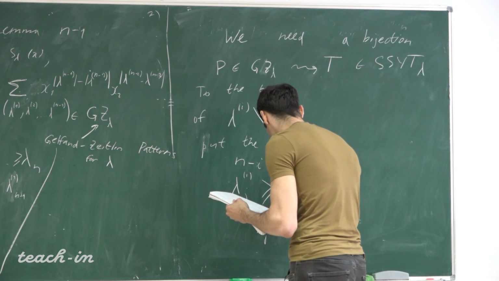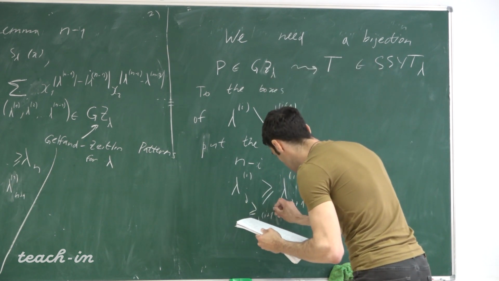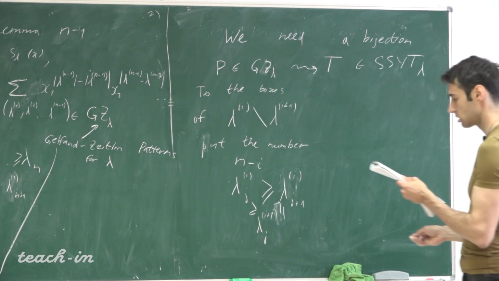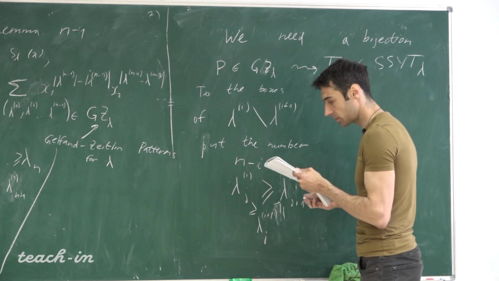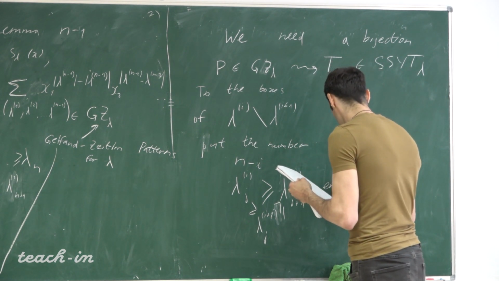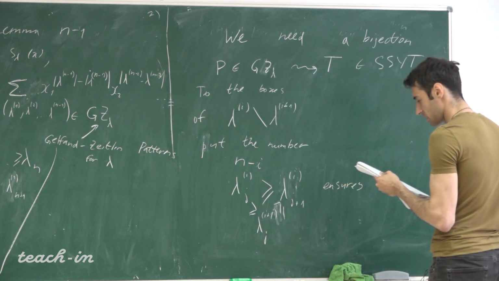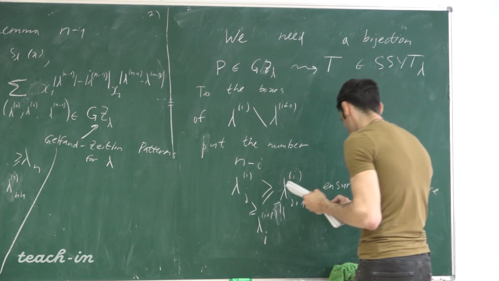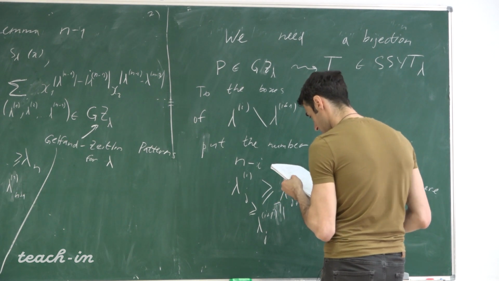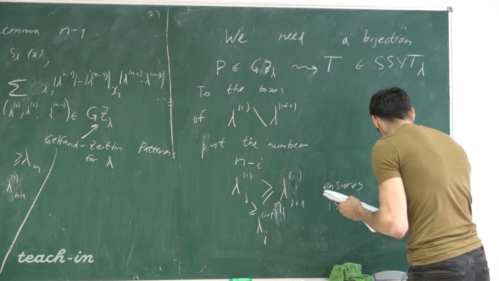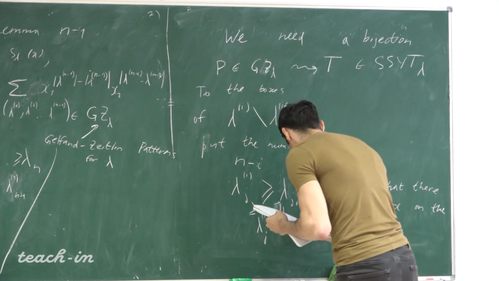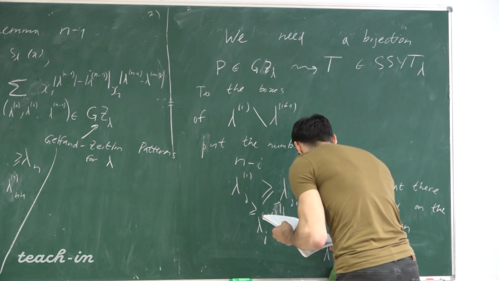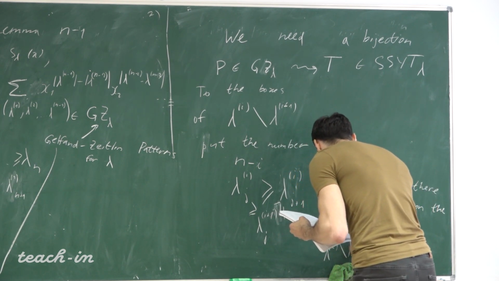So we have local triangles like this. So this ensures that there is no box on top of a box in lambda i minus lambda i plus 1.